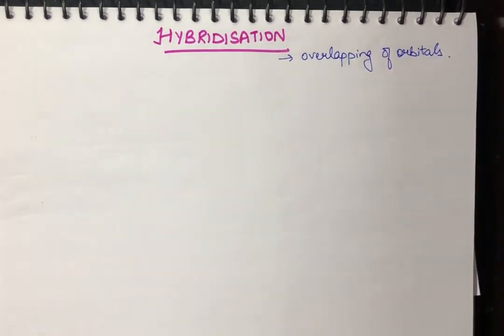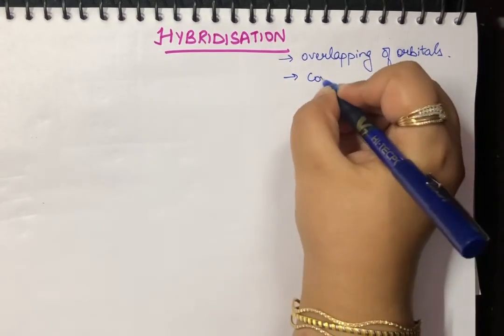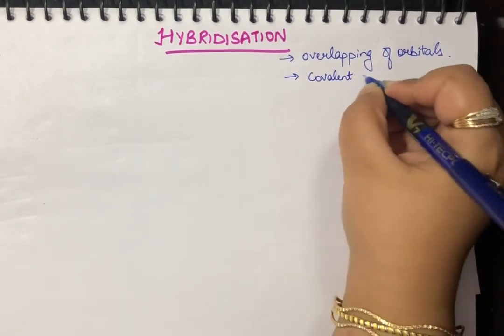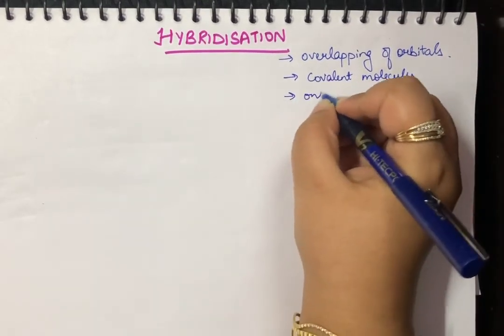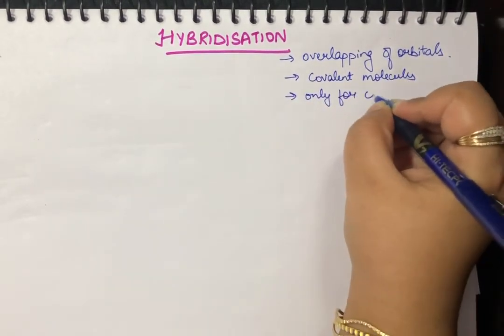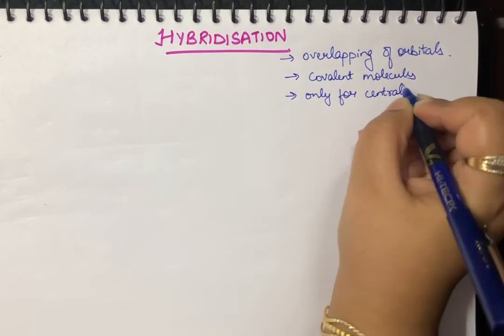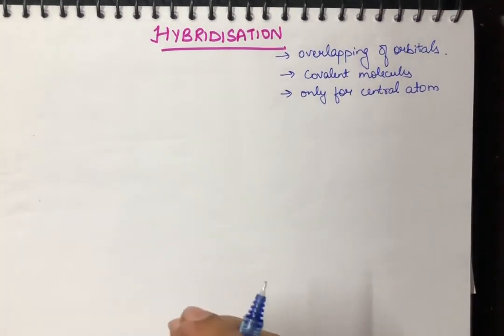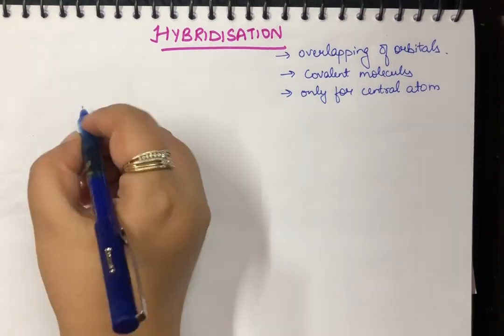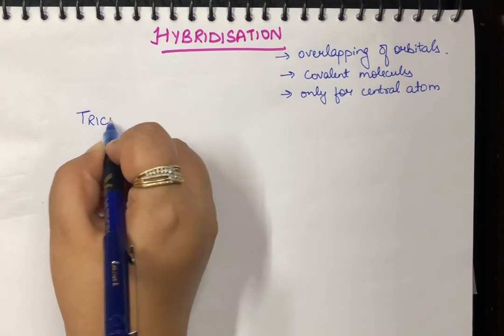So it is only for the covalent molecule, only molecules that form covalent bonds, and you have to remember that it is only for the central atom. These are the few things that you have to keep in mind while you will be attempting the questions for hybridization. I will share a trick with you.